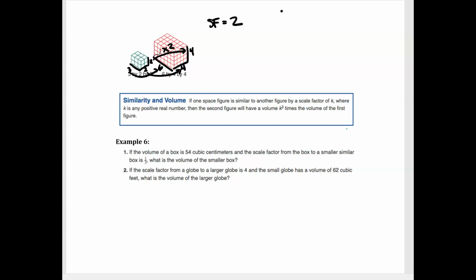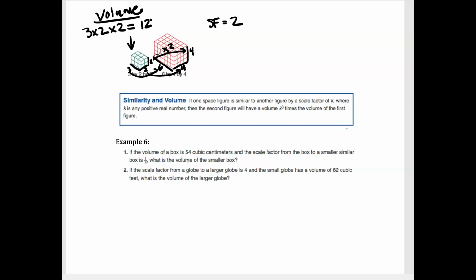Let's look at the volumes. For the volume of the small box, we're going to do the area of the base times the height. So the area of the base is 3 times 2, times the height of 2. So the volume is 3 times 2 times 2, or 12.